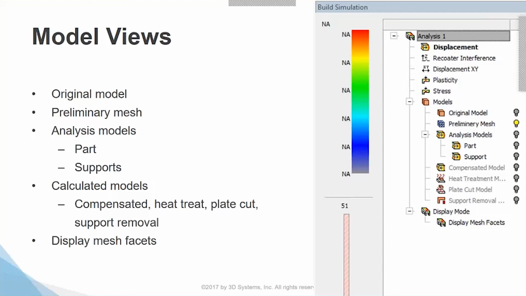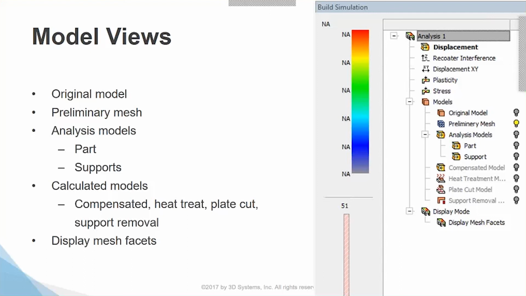And then we have the calculated models. There's an array of them. Those may be pretty situational and not necessarily applicable to all situations. And then lastly, at the bottom, we can display mesh facets, and that might just make it a little bit easier to see what's going on as we're doing this.